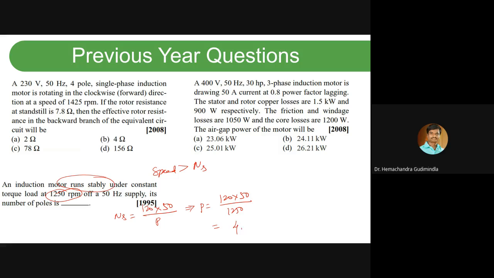So we will get around 4.8. So we will consider the integer part of the poles. So the number of poles is 4, because the speed will be more than 1250. So this fraction we can ignore, and we go with the integer part, that is 4 poles. Next question.